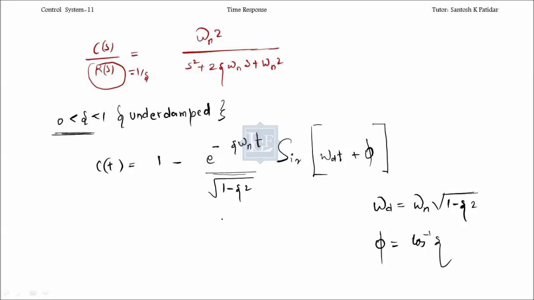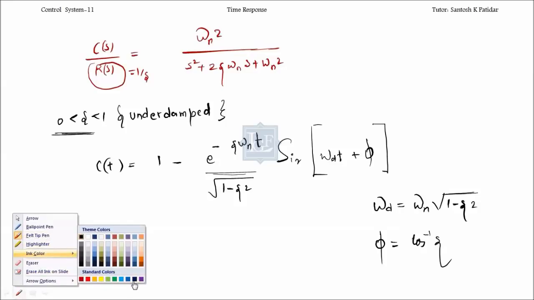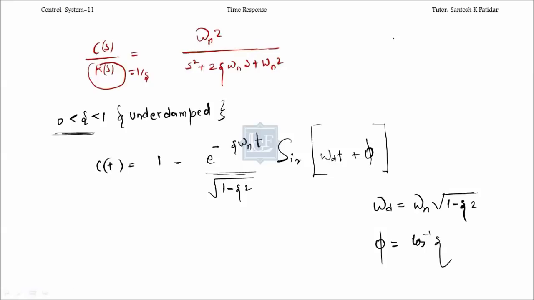So what will be the response nature? We already discussed this, but again I'll draw the waveform. Your oscillations will be, let's take this as the desired value 1. This is 0.